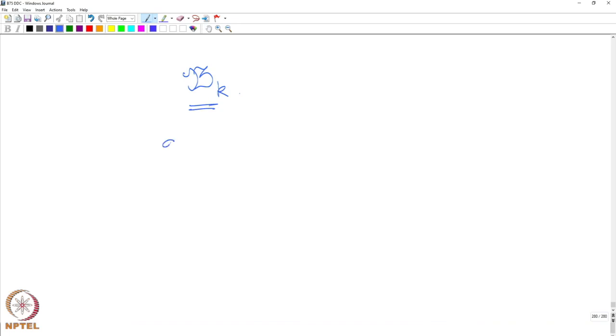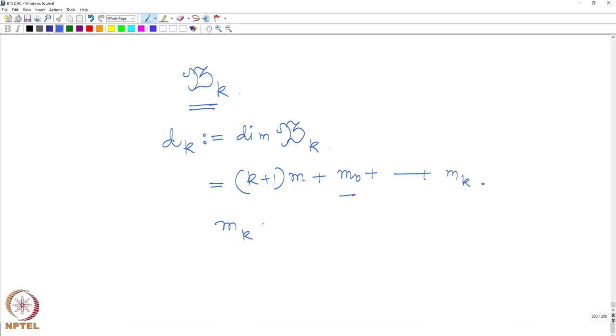We had already proven that the dimension of these restrictions is given by (k+1) times q, where q is the number of variables, m, where m is the input cardinality of the system, plus m0 plus dot dot dot up to mk, where these mk's are defined as the dimension of the null space of the (k-1)th observability matrix by the kernel of the kth observability matrix.